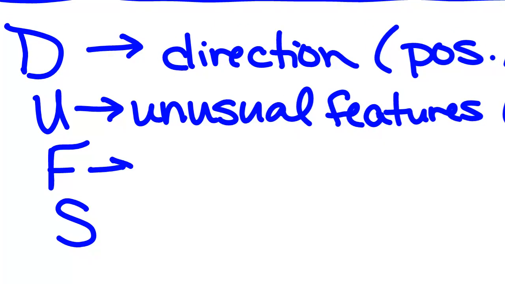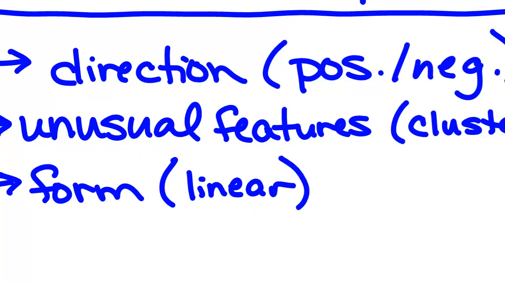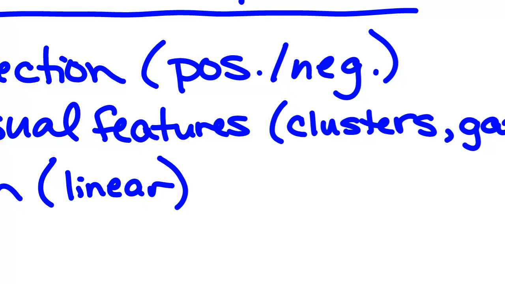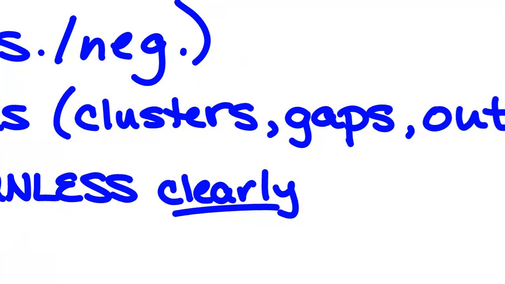F is for form. When we are describing a scatter plot, we will describe it as a linear association unless it clearly has another pattern.